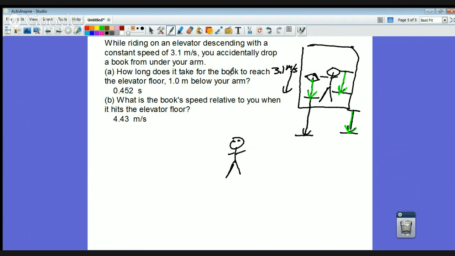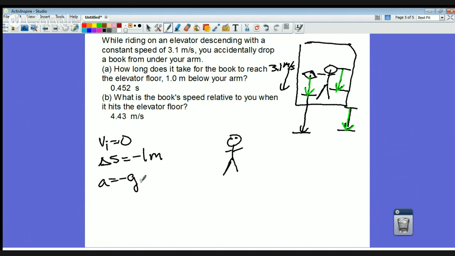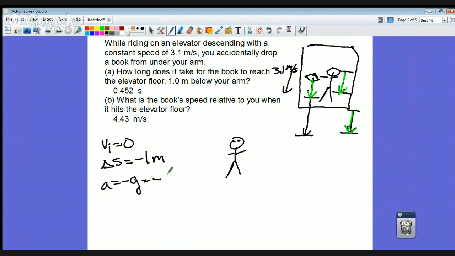So how long does it take for the book to reach the elevator floor, 1 meter below your arm? You know that the initial velocity is essentially 0. You know that the change in position is going to be -1 meters. You know the acceleration is going to be -g, which is negative, we'll say 9.8 meters per second squared.